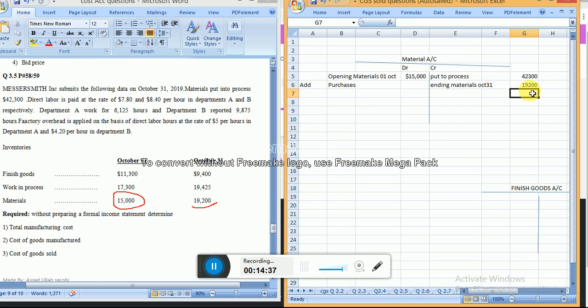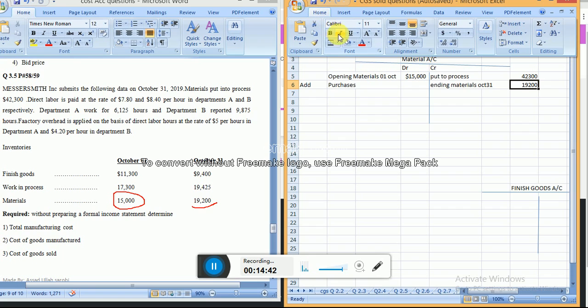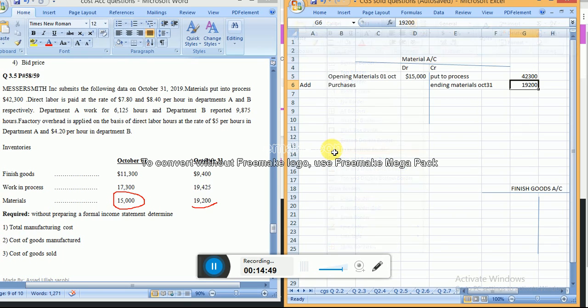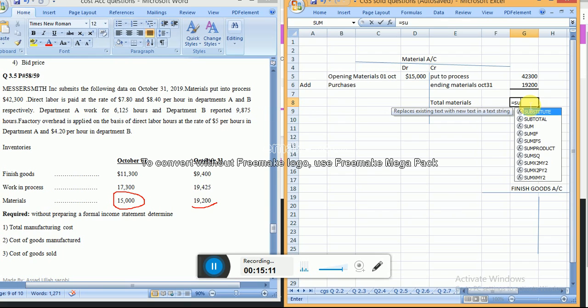So look, the $42,300 materials, that is we put into the process, and the 19,200 are left. So now how much total materials we have? So total materials we have now, we will sum it.